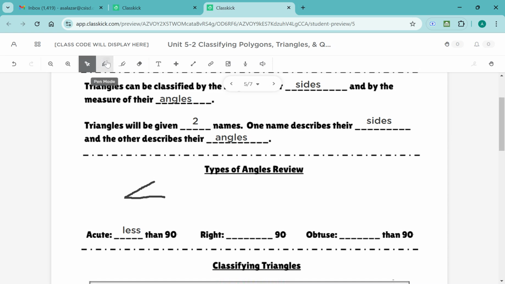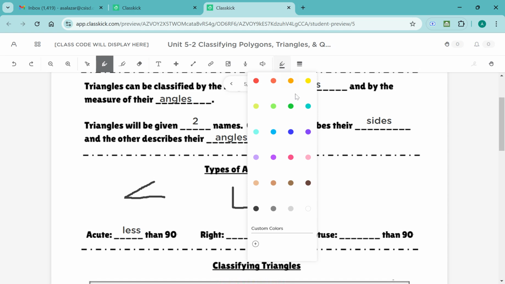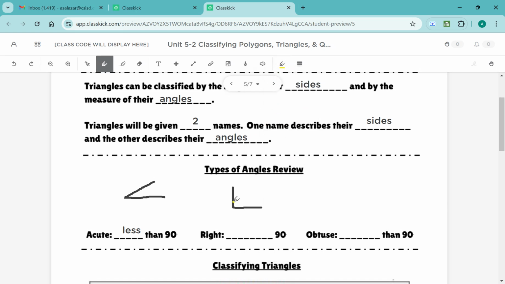All right, your next type of angle is called a right angle. Right angles will look almost like an L. It could be backwards or upside down, but it will have that L shape. A lot of times it'll have this little symbol, I'll put it in yellow, to show that it's 90 degrees.